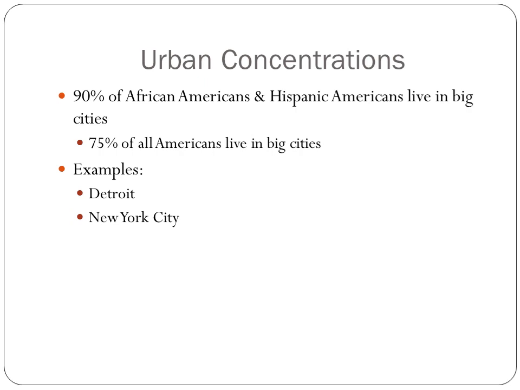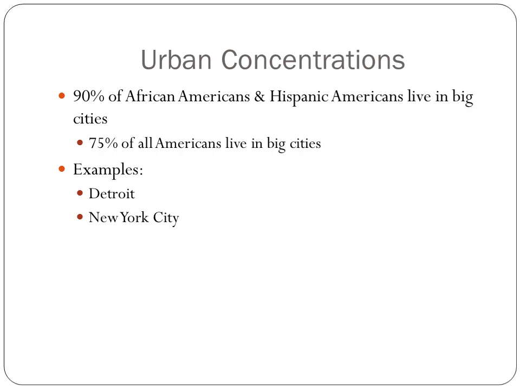Contrast that with the percentage of all Americans that live in big cities, about 75%. So disproportionately more African Americans and Hispanic Americans live in cities than Americans as a whole.